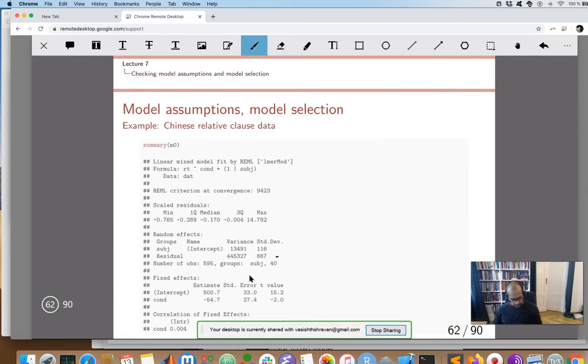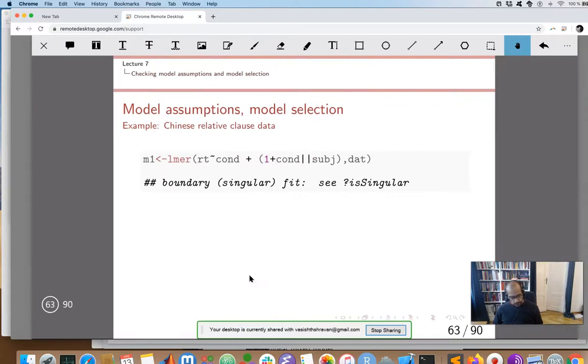I've got 40 subjects here, and I've got two sources of variance: sigma, the residual variance, and the intercept adjustment sigma u0 by subjects, right? So that's the output of this model, and then there's the fixed effects and so on.